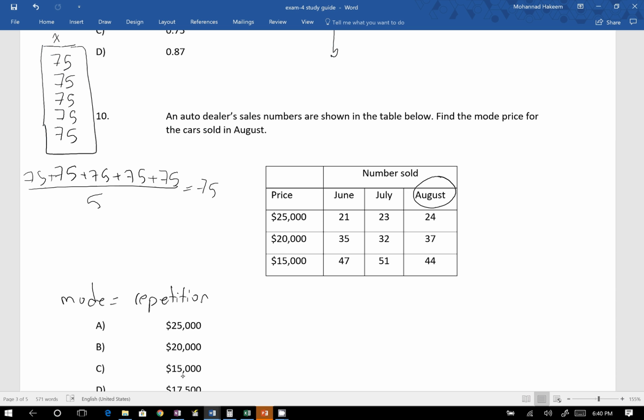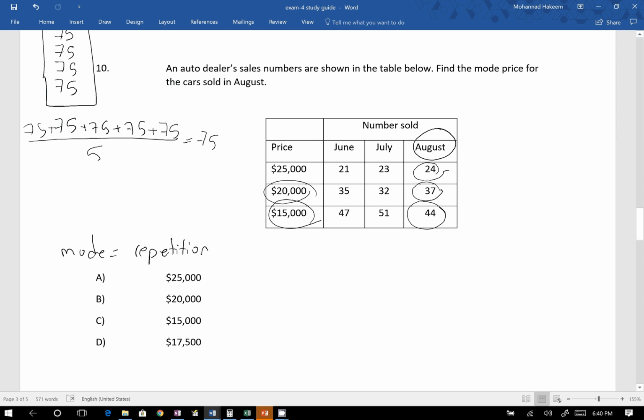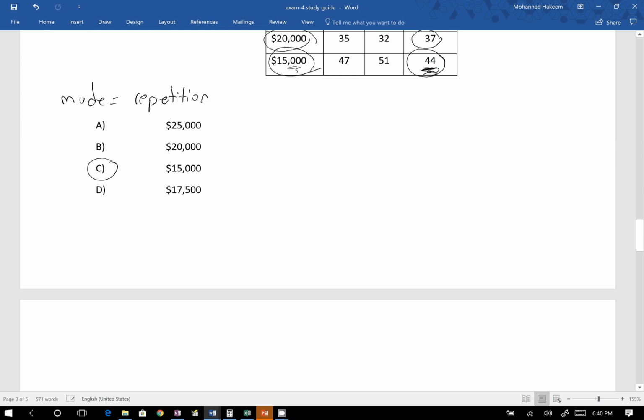So you sold 24 cars that cost $25,000, 37 cars that cost $20,000, and you sold 44 that cost $15,000. So the mode of your prices is basically the price corresponding to the maximum amount of cars sold. So this is your answer.